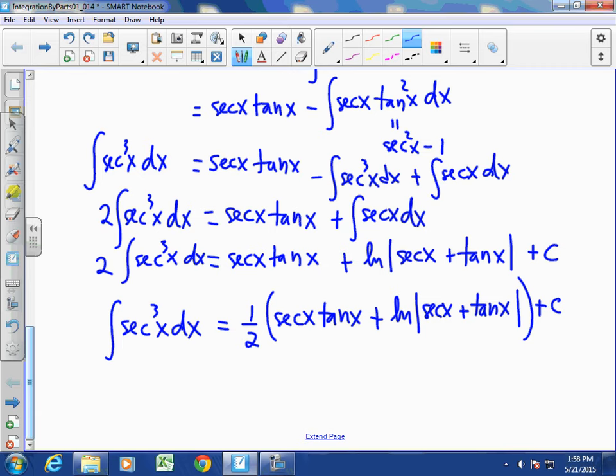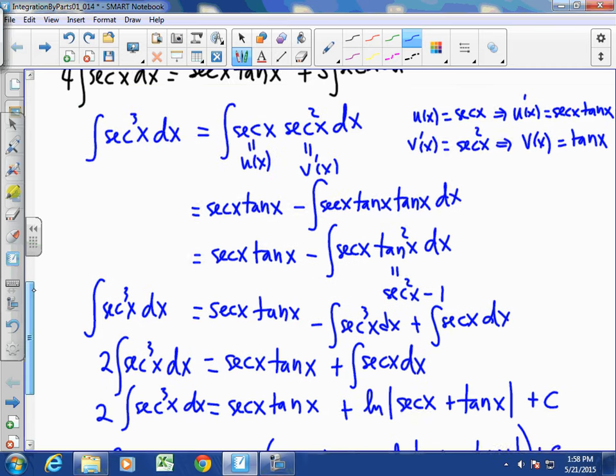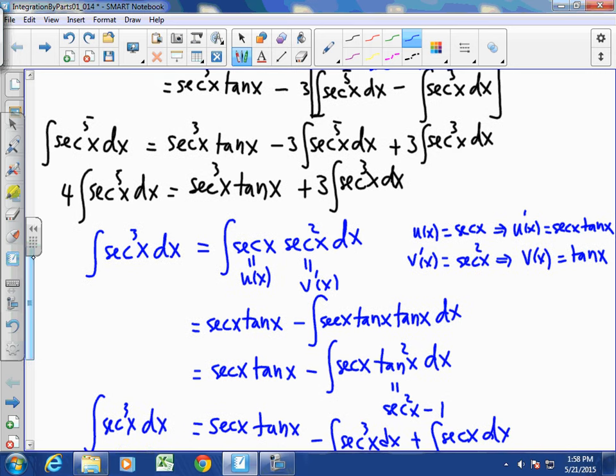So finally, remember we are integrating secant to the fifth.